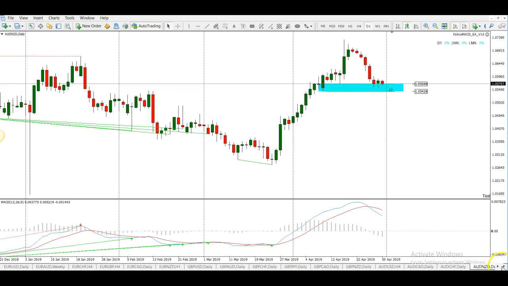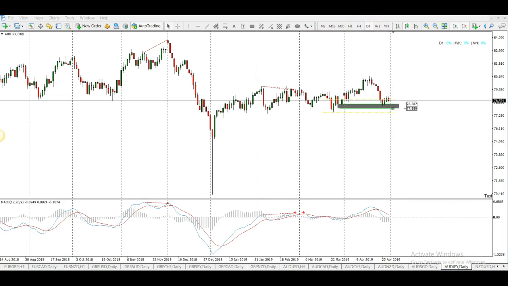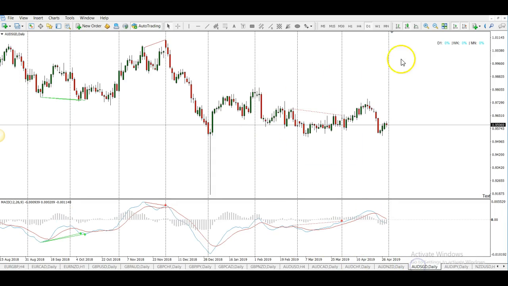Okay, next asset is Aussie JPY. And the daily, nothing at the daily, so nothing on it. Go to Aussie Singapore. Again, nothing on the daily.